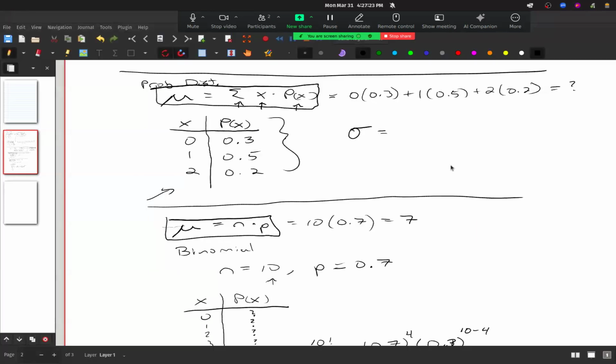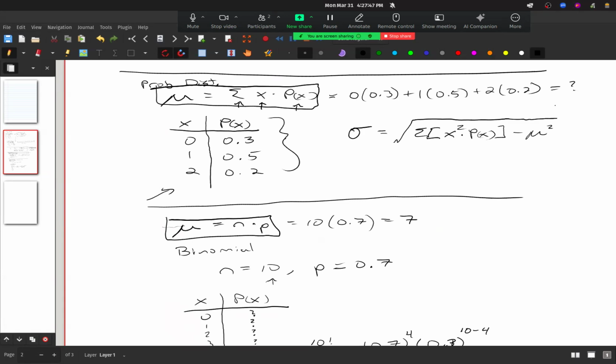So we could pick on the first one. That is just the square root of the sum of, and then in parentheses, x times px squared minus mu squared.